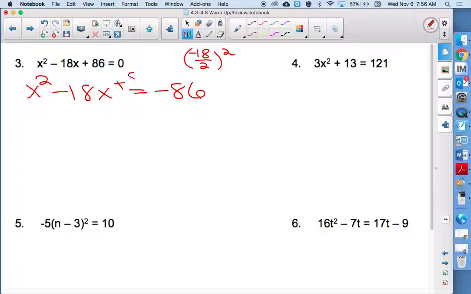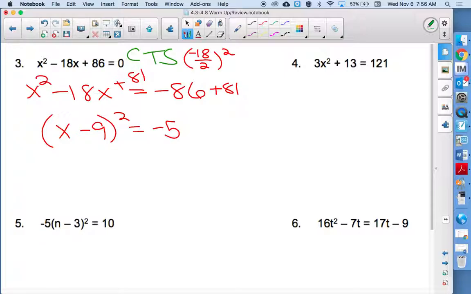So, we add 81, add 81. And then just like the previous problem, we have to use the square root method now.